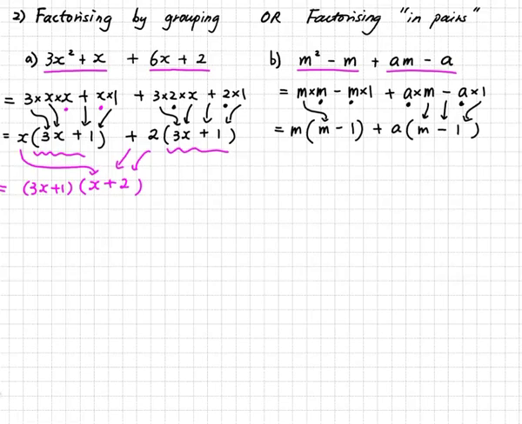Now, if I look carefully, I have m times a bracket plus a times a bracket. So my m minus 1 is the common factor. This time I can take the common factor m minus 1, the whole thing, out, put the brackets on, and whatever's left goes into the second bracket. So the final answer is m minus 1 times m plus a.